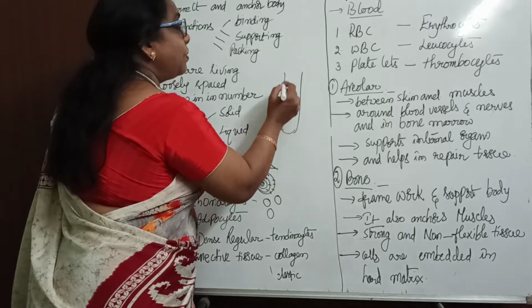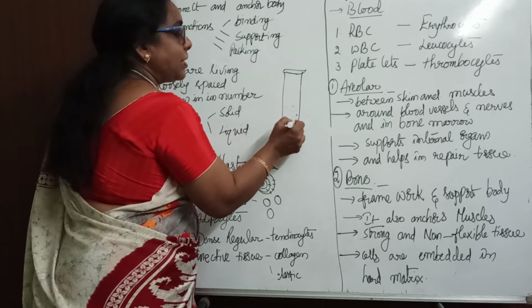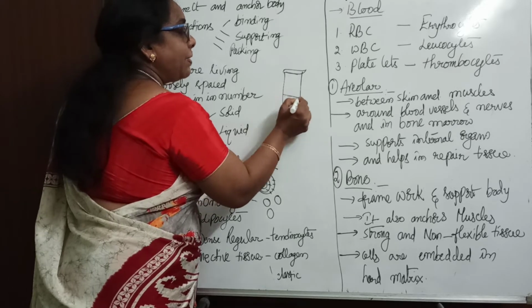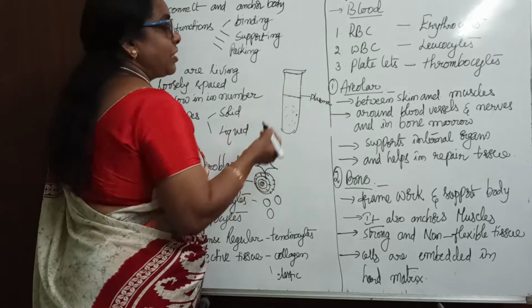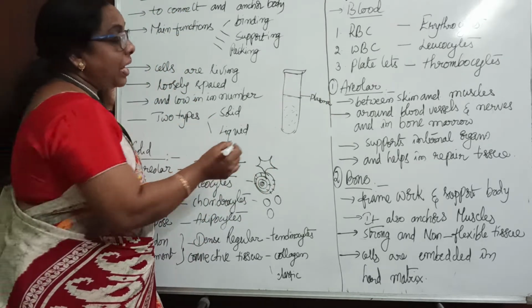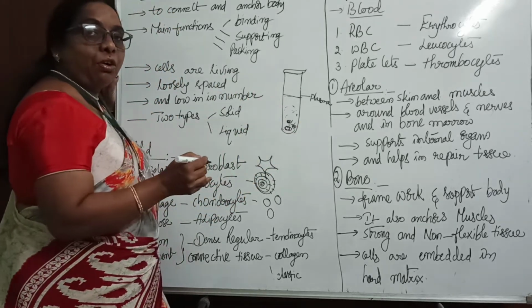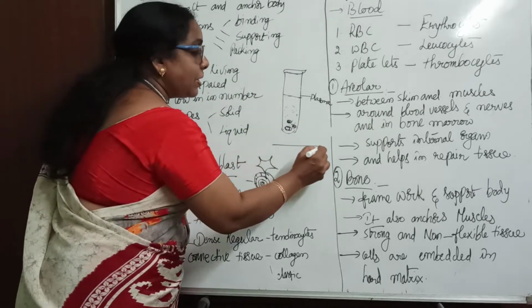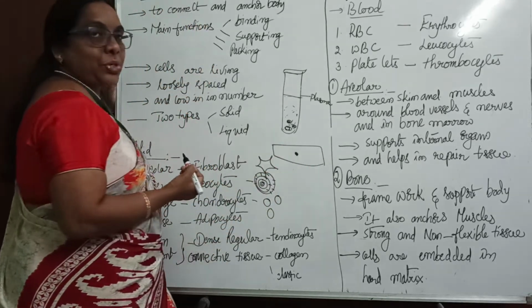Just take a test tube, collect the blood and leave it like this. The upper layer is called plasma. The liquid that floats on the upper layer is called plasma. Below we can see the clotted portion. Take that clot, keep it on a slide, children, and observe it under the microscope.